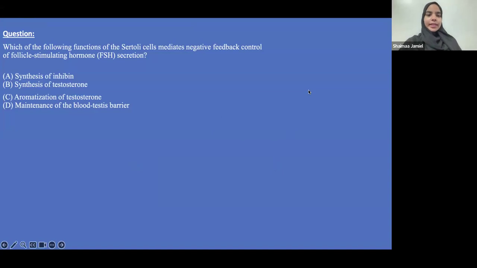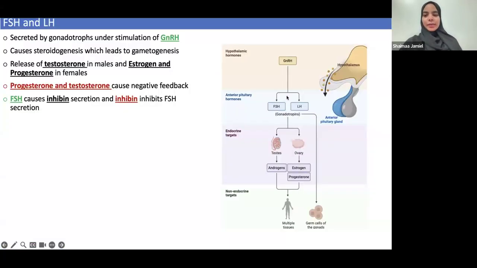Okay, next question. Which of the following functions of Sertoli cells mediates negative feedback control of FSH secretion? Okay, yes, perfect. So it is inhibin. We're going to see now. FSH and LH are secreted by gonadotrophs under the stimulation of gonadotropin releasing hormone, not GHRH, GnRH, okay?